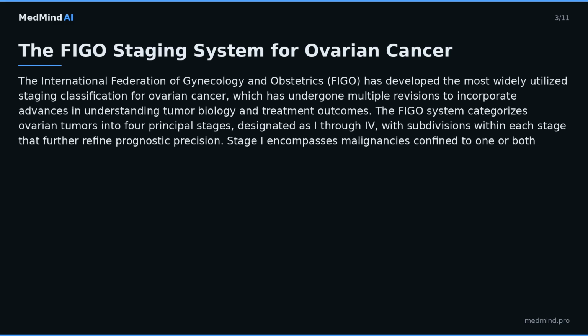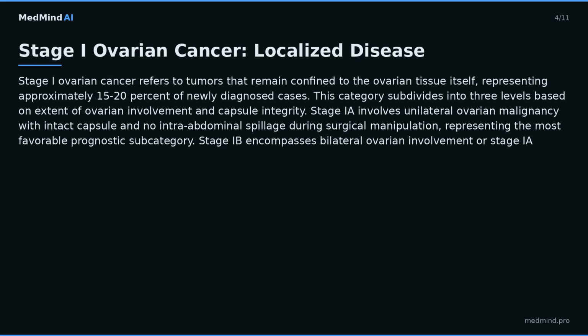Stage 4 represents the most advanced category, encompassing tumors with distant organ metastases or pleural effusions containing malignant cells. The current FIGO classification system underwent substantial revision in 2013 to better align staging criteria with contemporary surgical practices and improved prognostic accuracy.